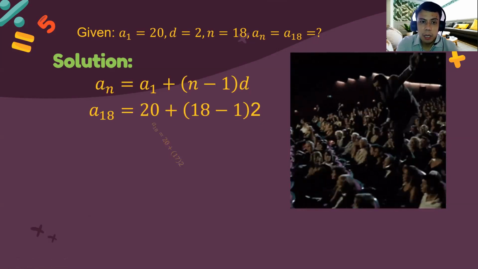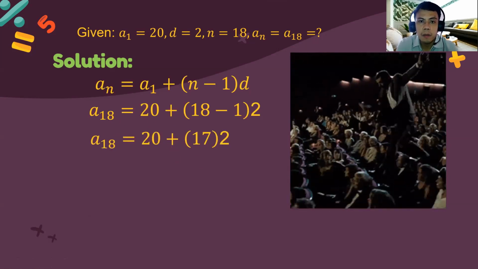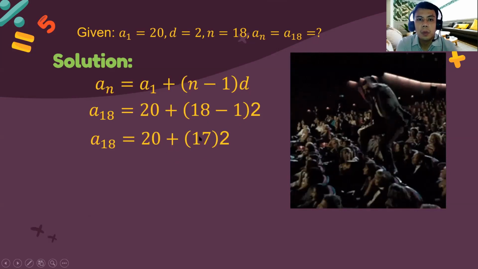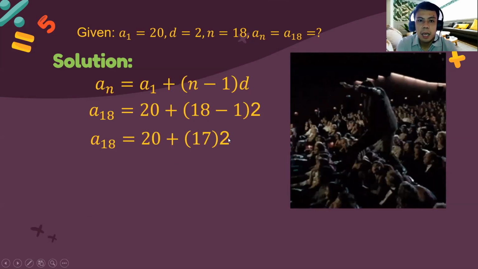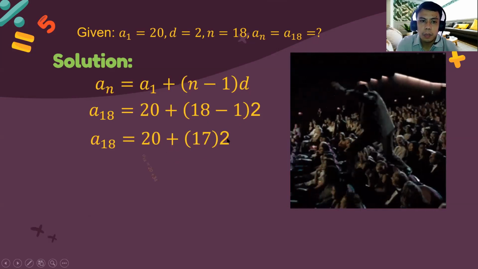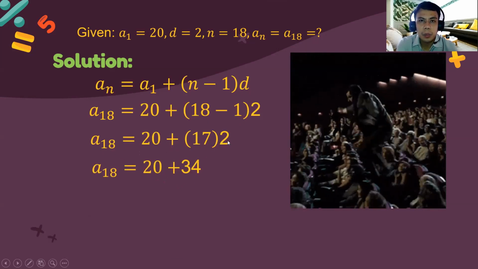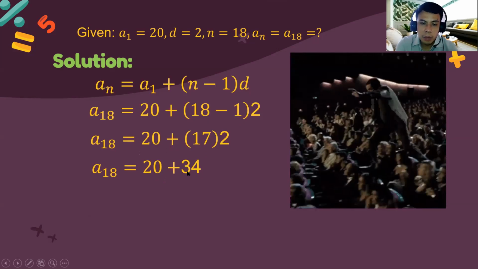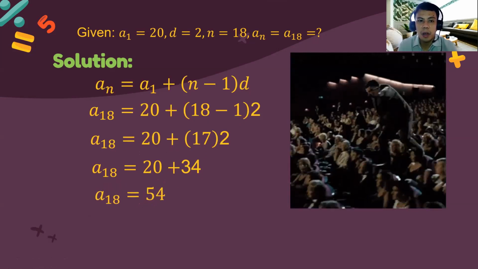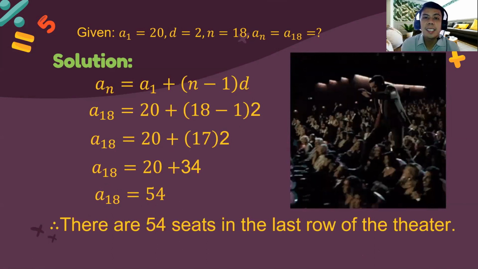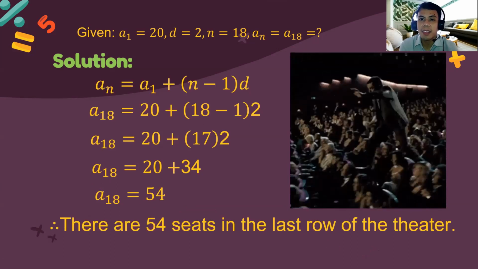Let's solve the numbers inside the parentheses. 18 minus 1 is 17, times 2. So a sub 18 is equal to 17 times 2, that is 34. And 34 plus 20 is 54. So there are 54 seats in the last row of the theater.